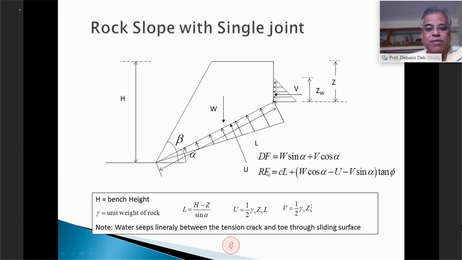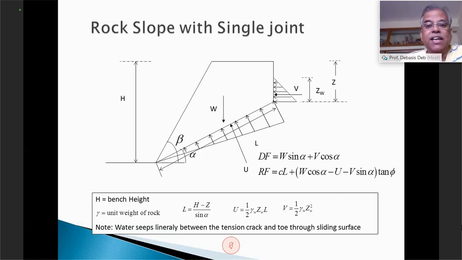Now what is the driving force then? Driving force will be W sine alpha, like this direction. I will show you in the next slide. W sine alpha plus V का एक रहेगा. V is also now contributing in the driving force. There will be one force like this, which is V cos alpha, and resisting force will be C into L. C is the cohesion along the joint plane into L, the length, and the normal force, sigma n, will now be reduced because of this pore pressure.